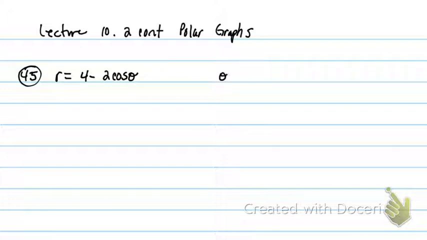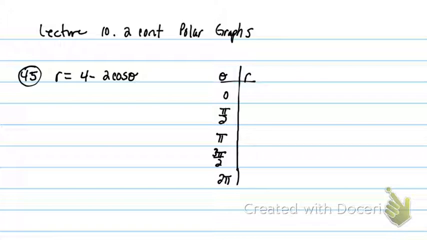Real quickly we're going to make a table, and we'll start at 0. The next quadrantal would be pi over 2, then pi, 3 pi over 2, and then back at 2 pi. Let me draw in our unit circle points here for the quadrantals.